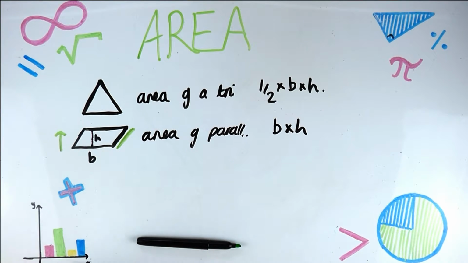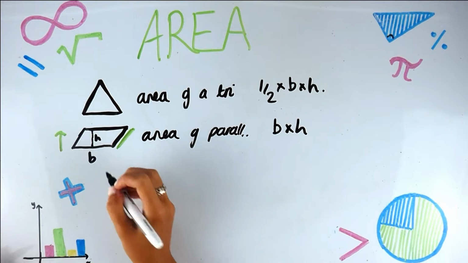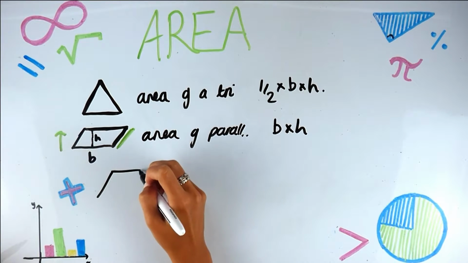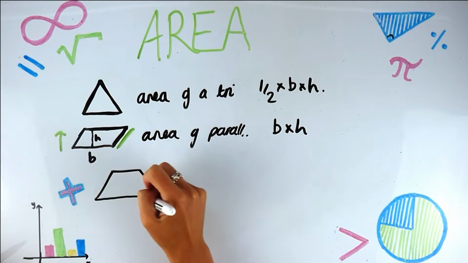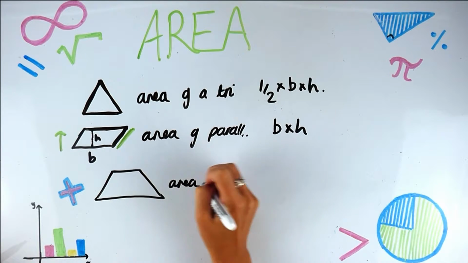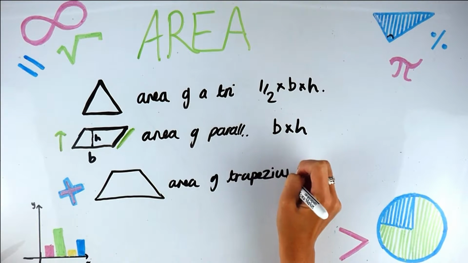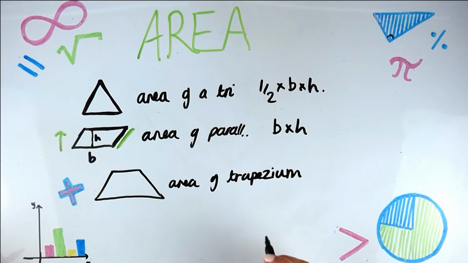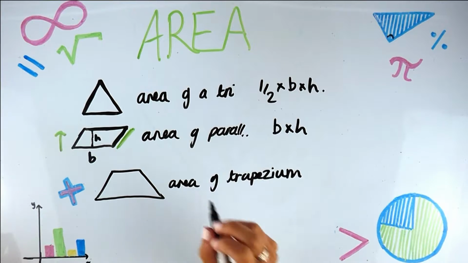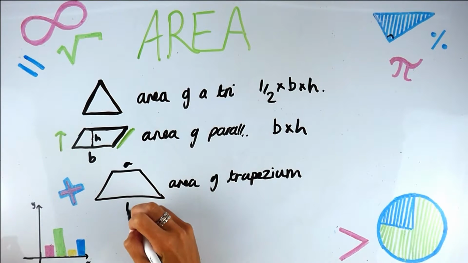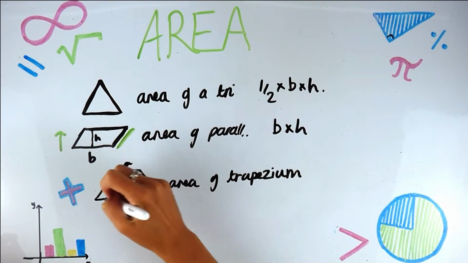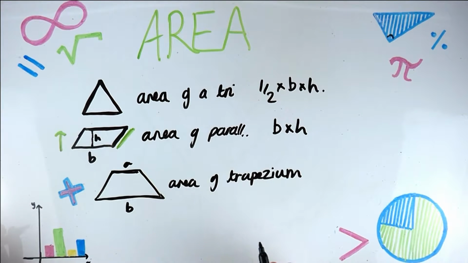And then another shape, we have this thing which is called the trapezium. What makes the trapezium hard is the fact that these two are not the same length.